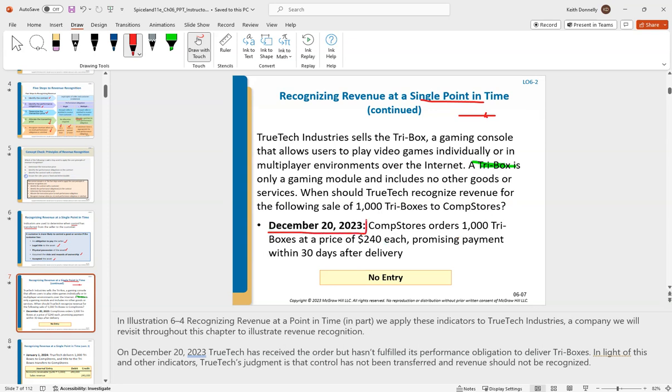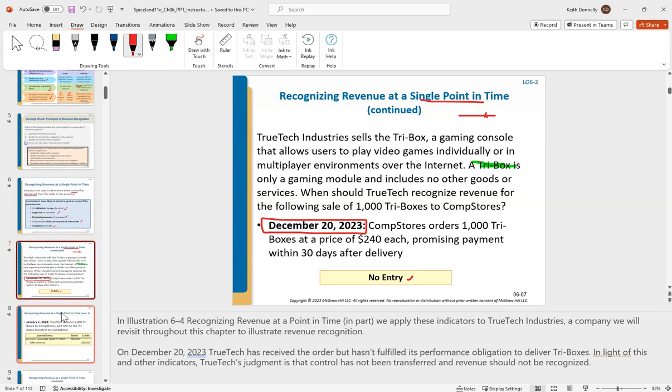On December 20th, it looks like a store, Best Buy, orders 1,000 of them, and they promise to pay within 30 days after delivery. At this point in time, we're not going to have a journal entry because we haven't earned that revenue yet.